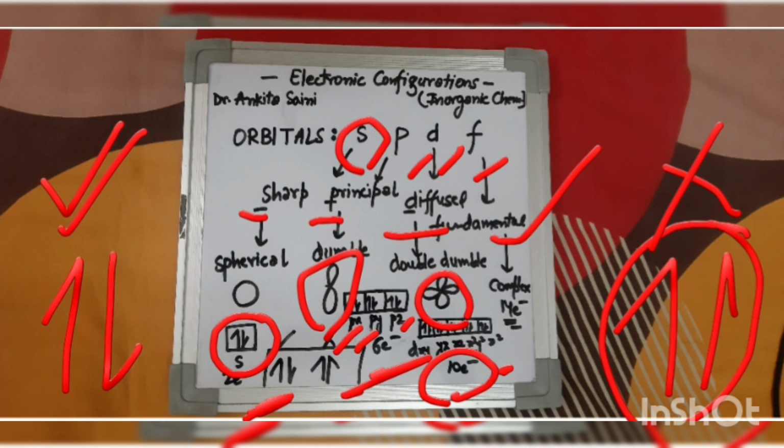Now let's start how to write the electronic configuration of the given element according to the above principles. This pairing of electrons will be according to Hund's rule, and it will also follow the Pauli exclusion principle, right? When we do the electronic configuration, I will tell you about that also.